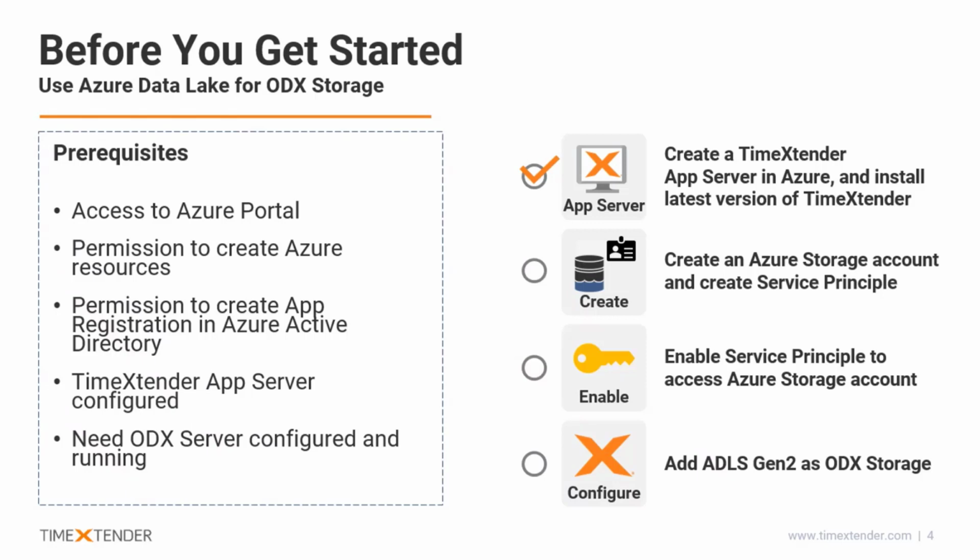This is a separate permission from being able to create resources. Even though you may have a resource group available to you, creating an app registration in Active Directory requires an additional permission. The next prerequisite is you will need a TimeXtender app server configured. You'll also need the ODX server configured and running in that app server.